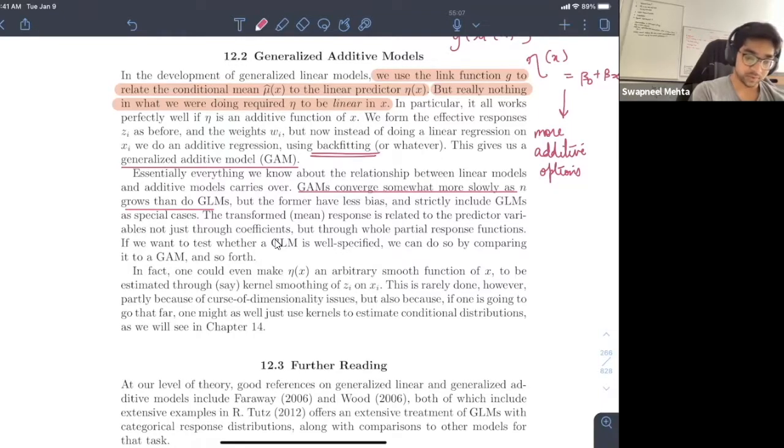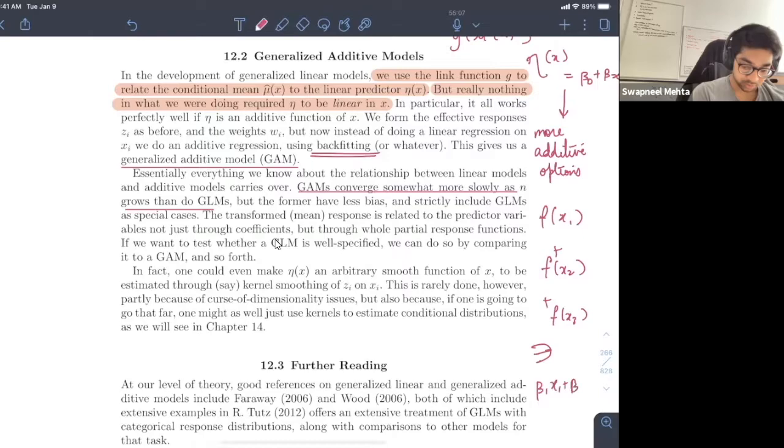So some function of x1 plus function of x2 plus function of x3 will include beta 1 x1 plus beta 2 x2 plus beta 3 x3, which is really what we're saying with our GLM, and this is what we're saying with our GAMs.